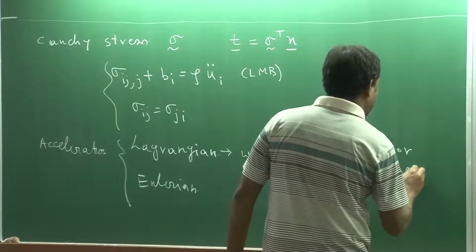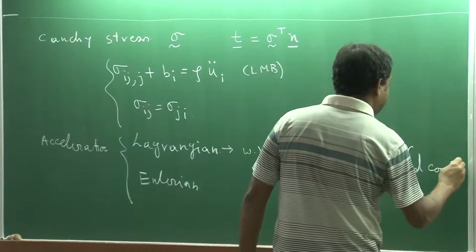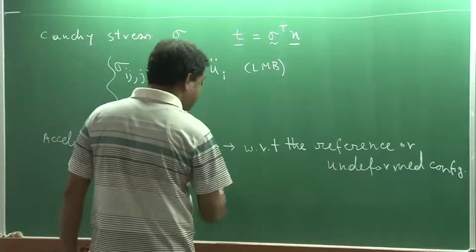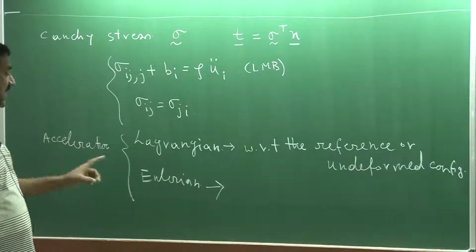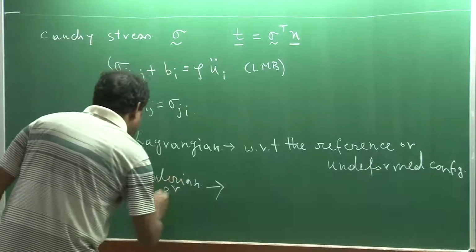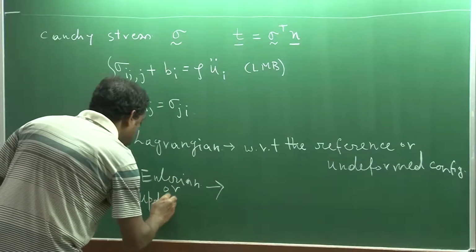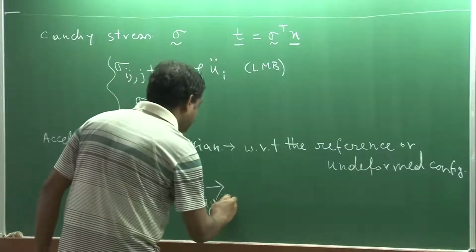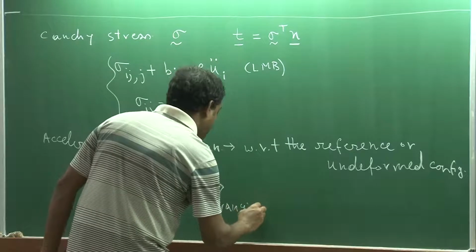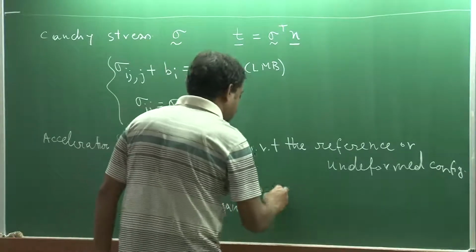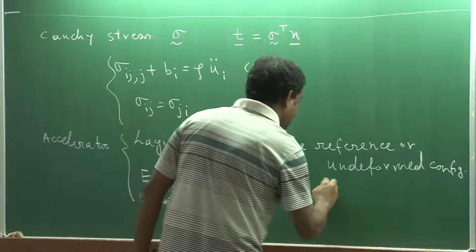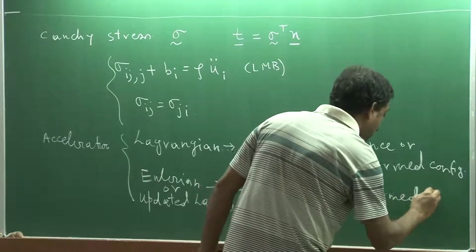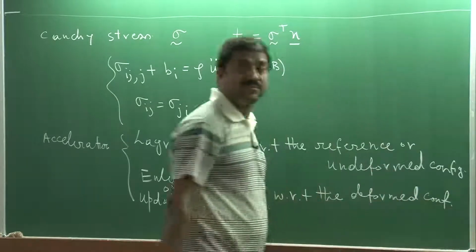Eulerian description, or it is also called updated Lagrangian, is with respect to the deformed configuration. That is what we have defined.